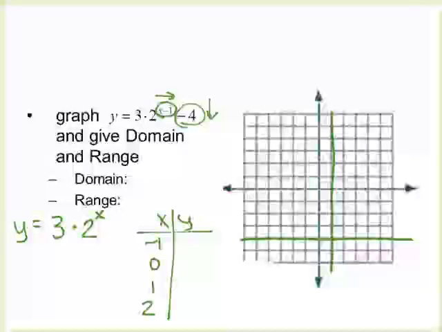When I plug in a -1, it takes the reciprocal of that 2, so it makes it a half. 3 times a half is 1 1/2. Plugging in 0 gives the front multiplier of 3. Plugging in 1, 3 times 2 to the first is 6. Plugging in 2, 3 times 2 squared, 2 squared is 4, times 3 is 12.